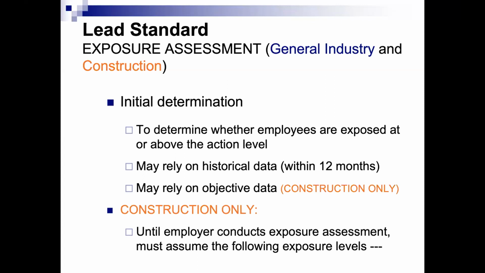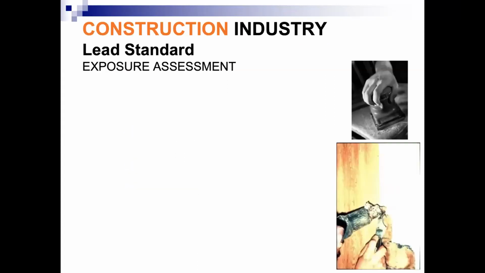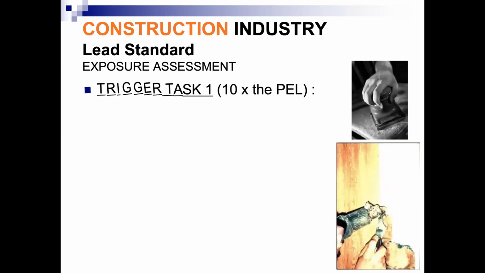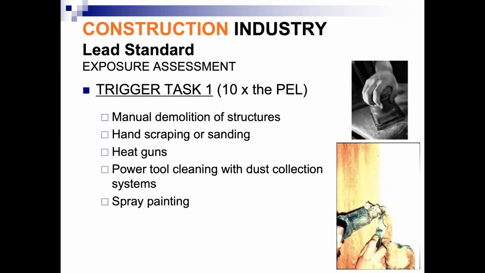In construction, you also have something called the trigger tasks, which means if you don't have air sampling, let's just say this is your first lead job, and you don't have any data on what your employees are going to be exposed to. If you're doing manual demolition of structures, hand scraping or sanding, again, OSHA doesn't talk about lead paint necessarily. So it's not just lead paint that we're talking about. We're talking about hand scraping or sanding of anything that contains lead.